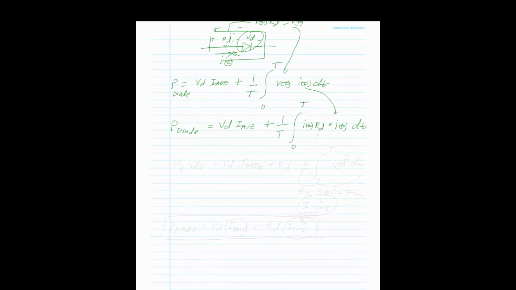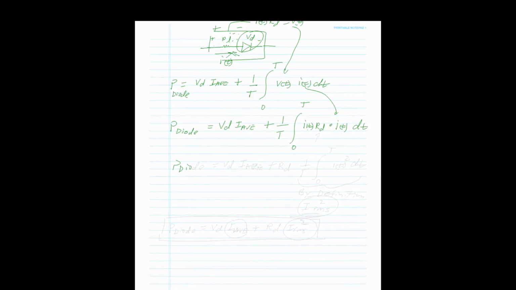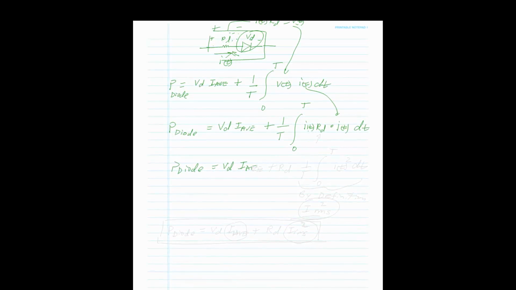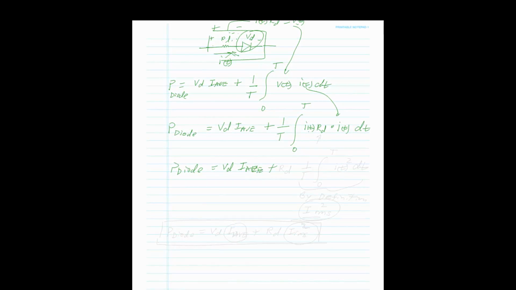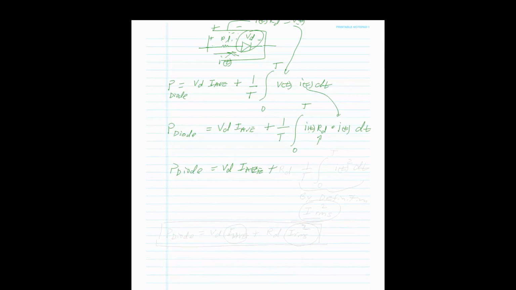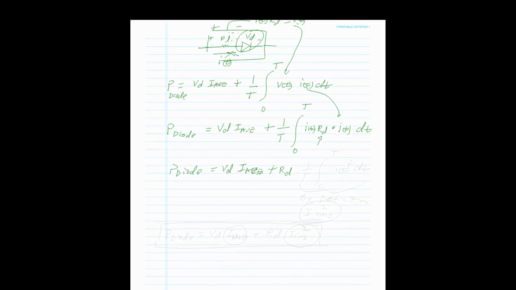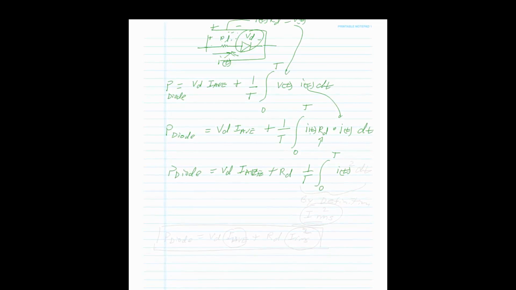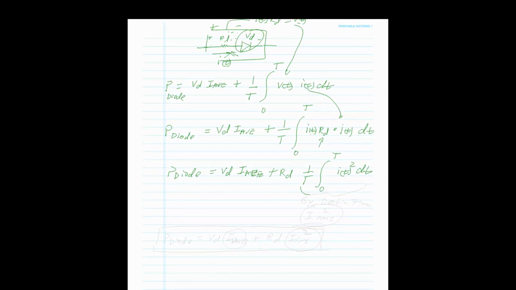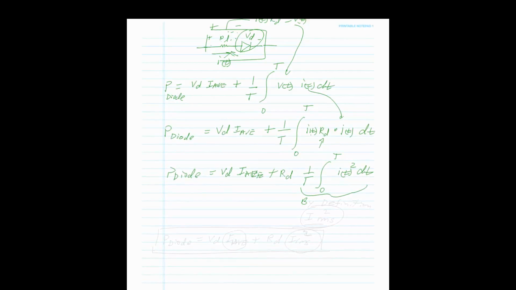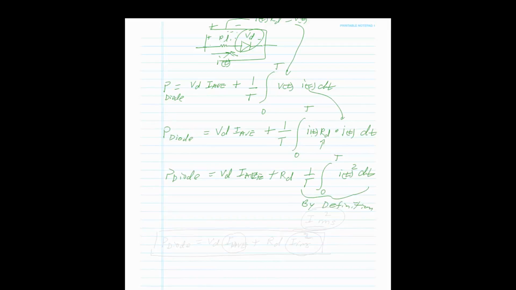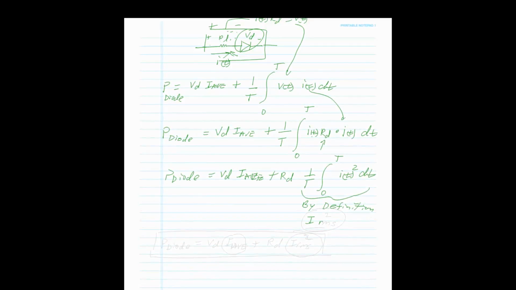So let's carry one more. VD times I average, plus, well, this is a constant, so I could put RD out. What is this? This is 1 over T, 0 to T, of I of T squared dt. By definition, this is IRMS squared.